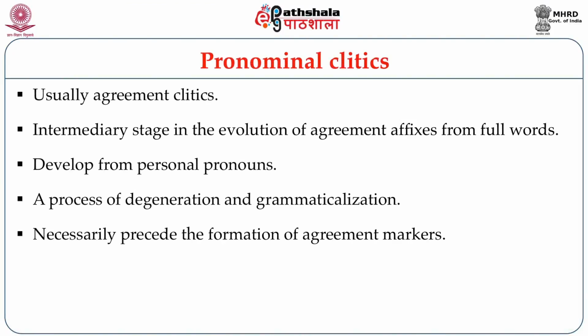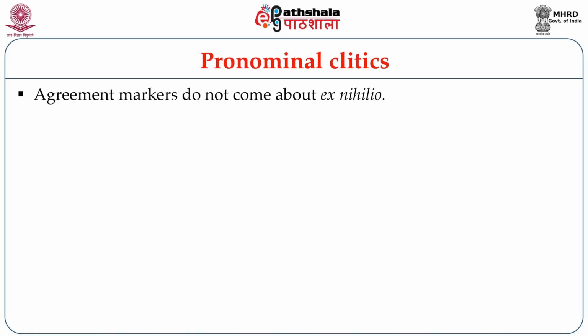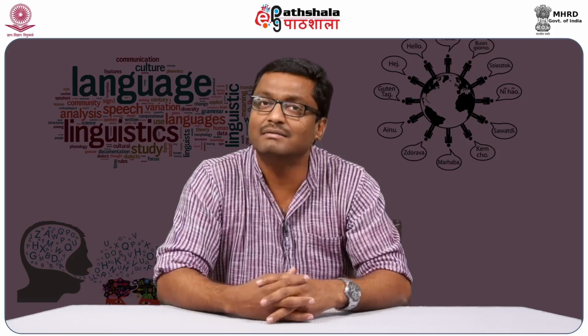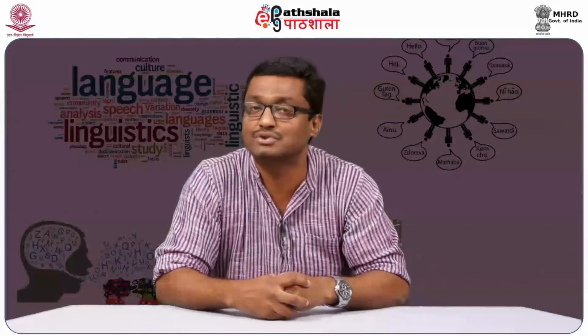It is a very necessary process that precedes the formation of agreement markers in many languages. We have to understand that agreement markers in languages do not come about ex nihilo. They are obtained from a particular source.